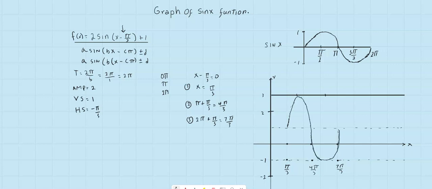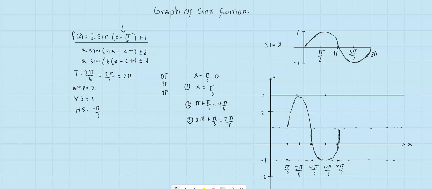Now, if I want to find the middle points, between pi over 3 and 4 pi over 3 the middle will be 5 pi over 6, and over here will be 11 pi over 6. And we have our new graph.